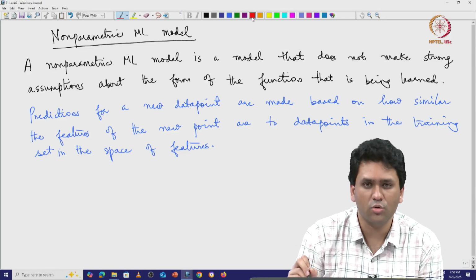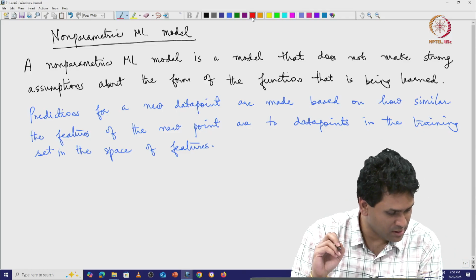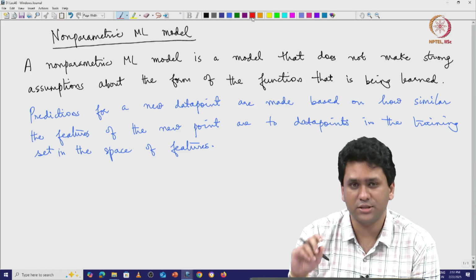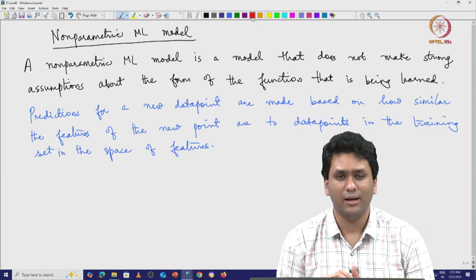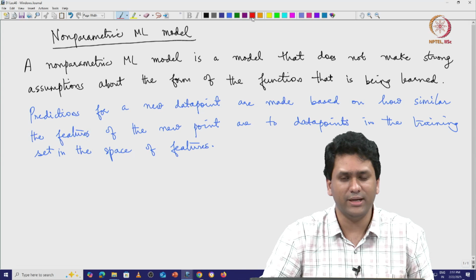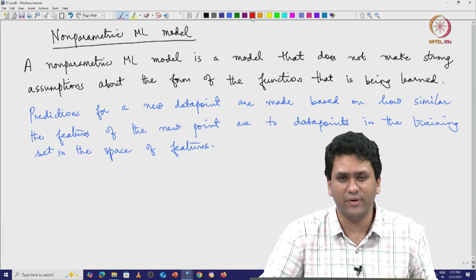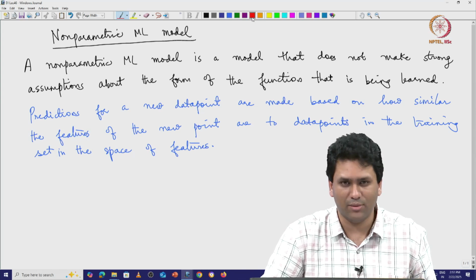So essentially you are combining the training data and then trying to predict the value of the target variable for an unseen data point.